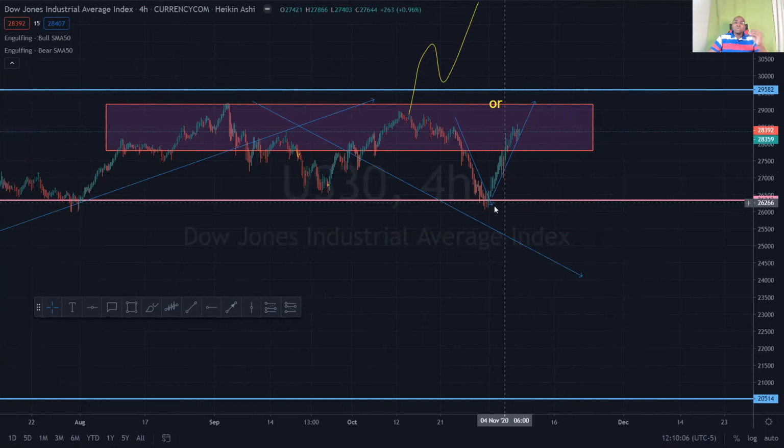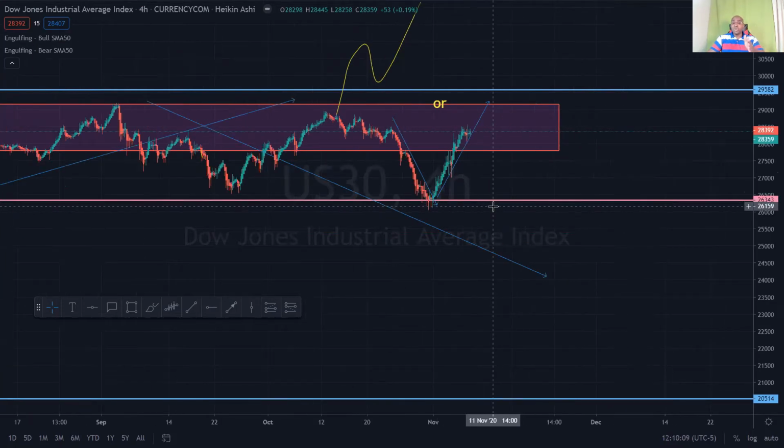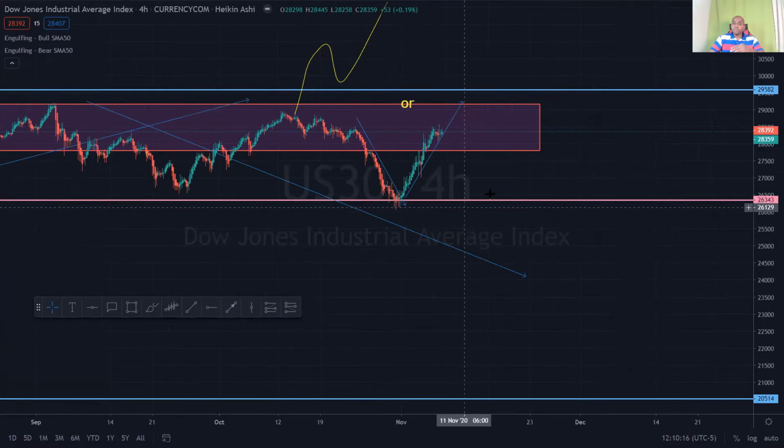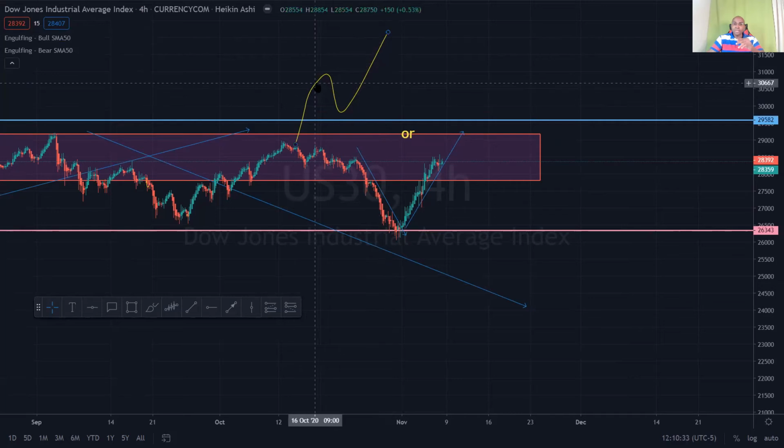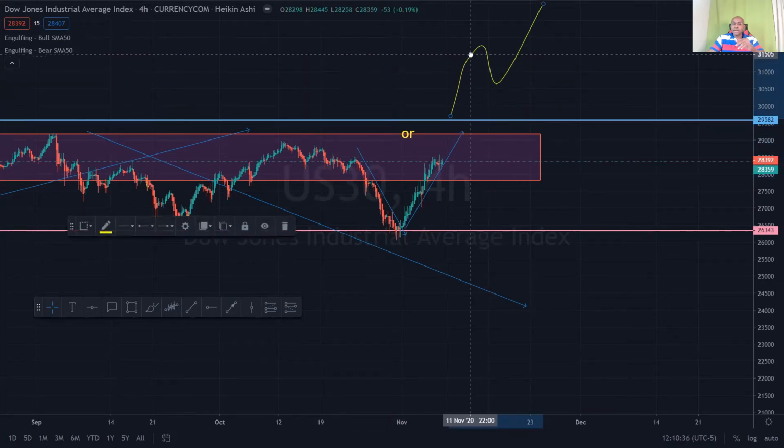I thought the election was going to move the US 30 somewhat more aggressively, but apparently it did not do that. Right? So I showed two scenarios. If the US 30 could break this 29,000 zone going up to 30,000, retest above it, creating a higher low, then we continue up for our buy. So that was the first scenario that I had, right?